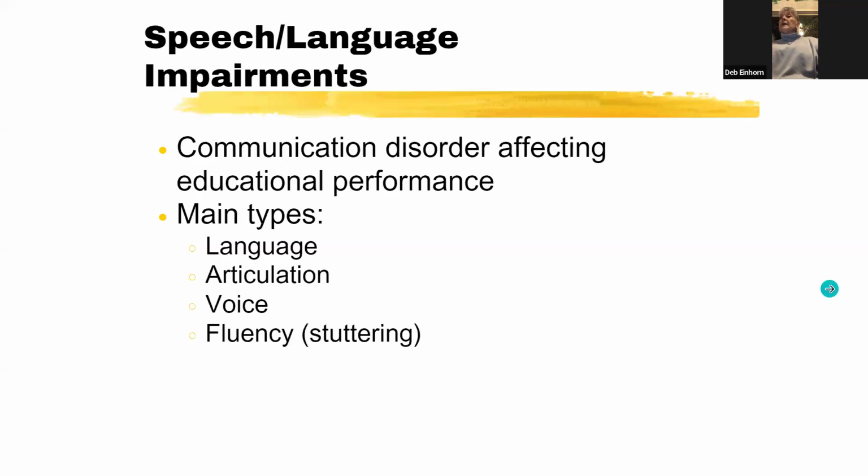Or it may be that they don't have as much knowledge of vocabulary and language as other kids have. It could be articulation, which would be problems with pronouncing words, or it could be their voice modulation, or how they use their voice. So all of those things could be addressed with services by a speech and language therapist.